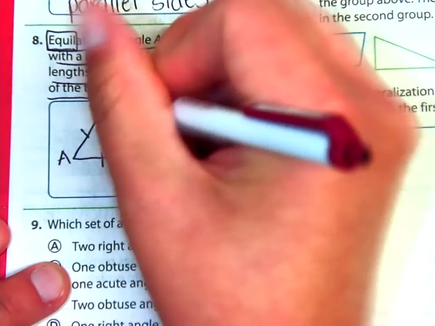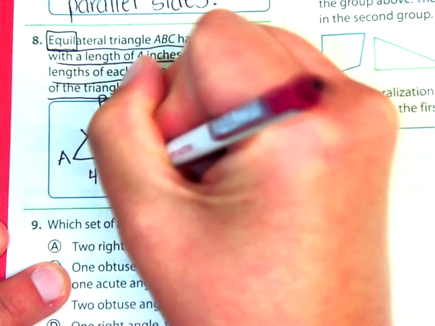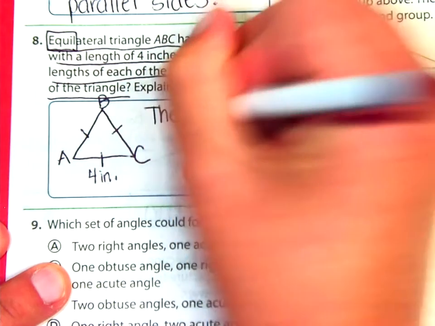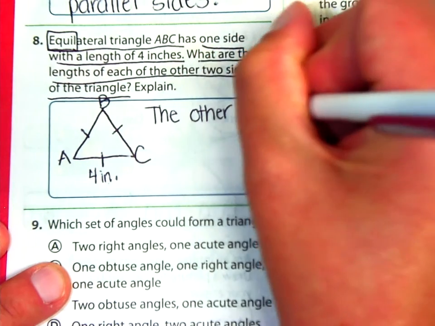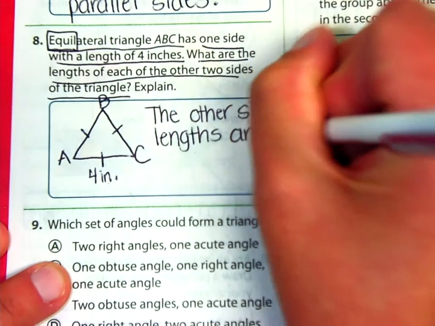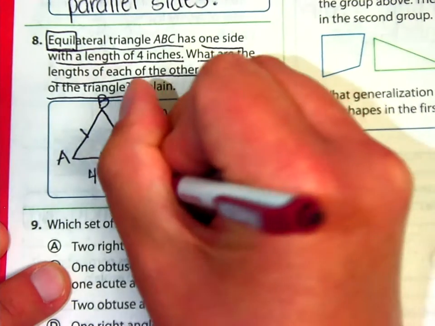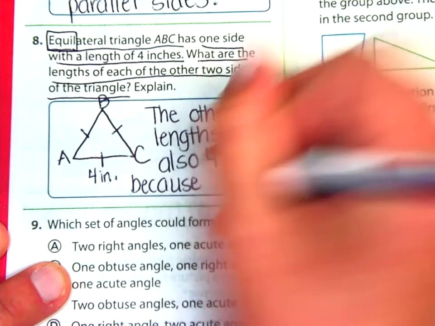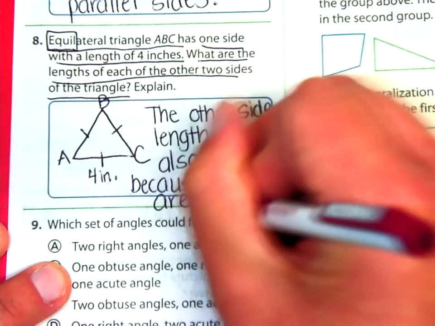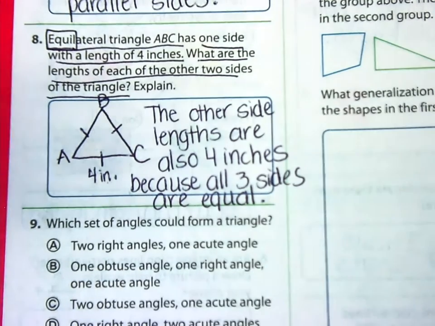We could label this one A, B, C. If the side on the bottom is 4 inches and we know all sides are the same, then the other side lengths are also 4 inches because all 3 sides are equal. Okay, I hope that one helped, Austin.